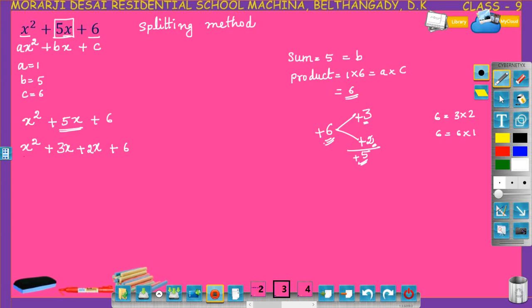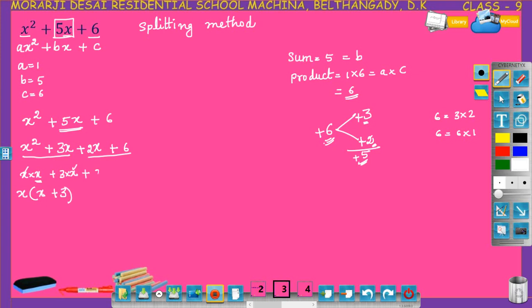Now grouping. Now factorize this by grouping. Group the first two terms together, and 2x and 6 together. In x square and 3x, x square can be written as x into x, and 3x can be written as 3 into x. In x into x and 3 into x, x is the common term. So keep x outside. Inside the bracket, remaining is x plus 3.